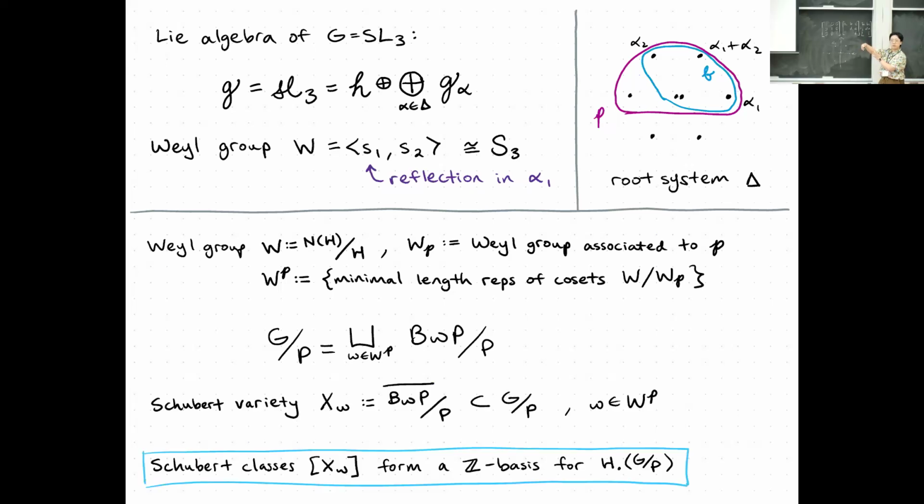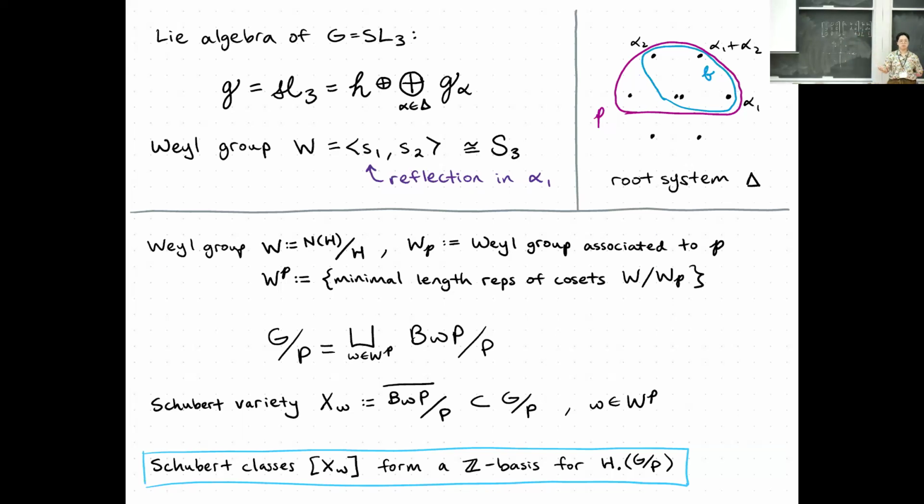If you take the closures of those cells, you get Schubert varieties. And maybe the most important thing is that if you take the homology classes of these Schubert varieties, you get a basis for the homology. So this last statement is probably the most important takeaway from this intro bit that we'll need for the rest of the talk: we have a really nice basis for the homology. I'll point out that sometimes when people say Schubert class, they mean cohomology class, but I really do mean homology class for my talk.